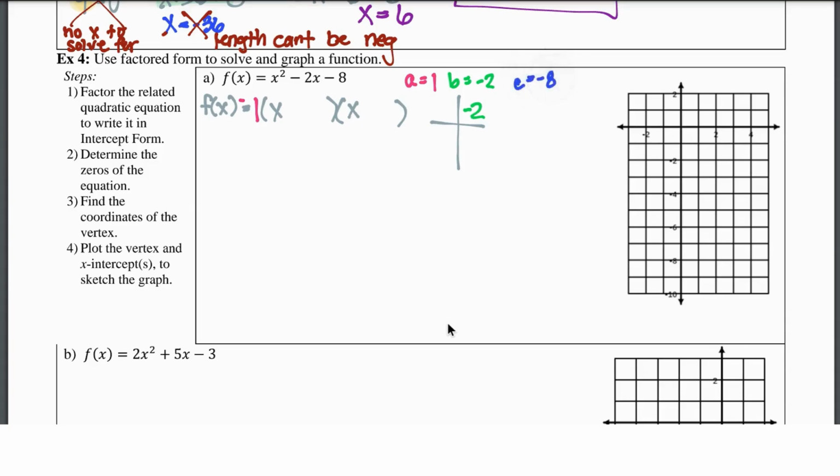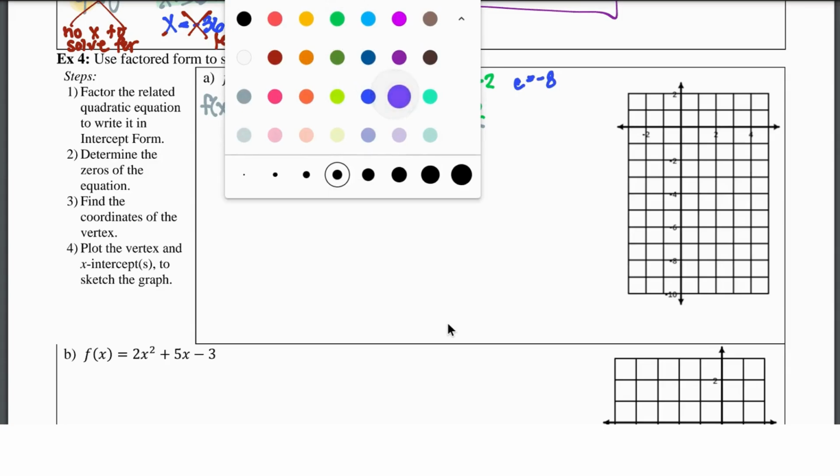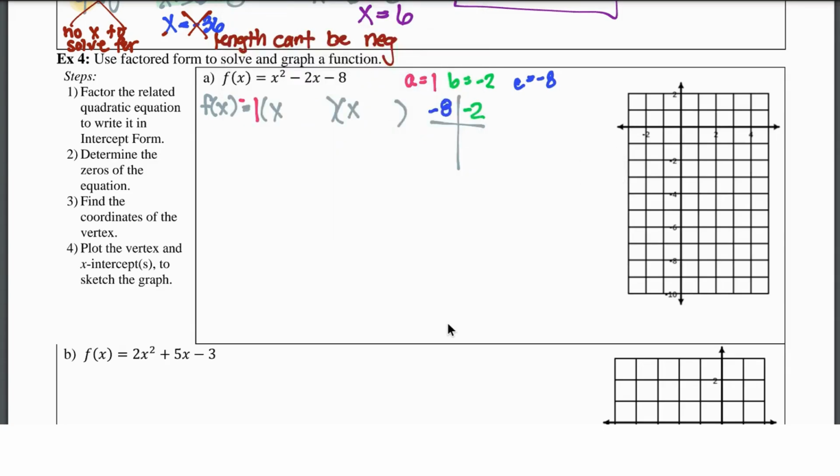So I'm looking for two numbers that multiply to -8 and add to -2. And so those two numbers would have to be -4 and +2. So I'm going to have an x minus 4 and an x plus 2 as my factors.